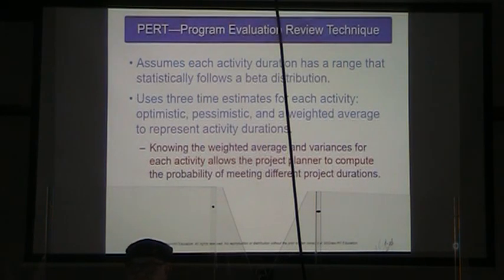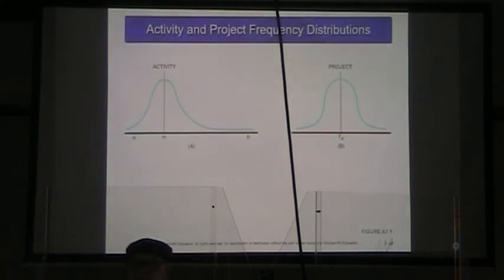Man, that slide is just a bit of a mess. All right, so any given activity has an optimistic number here, a most likely number here, and a pessimistic number here, right?